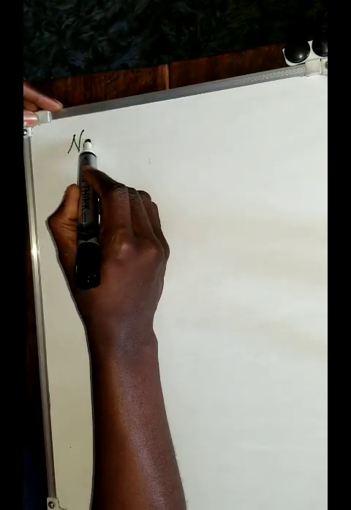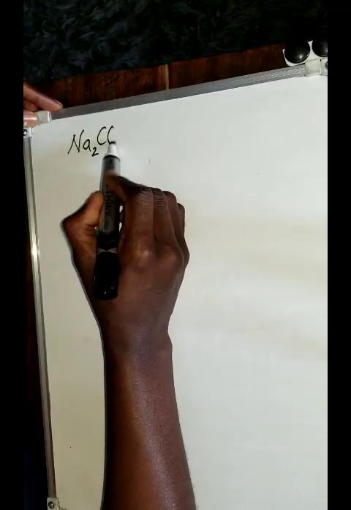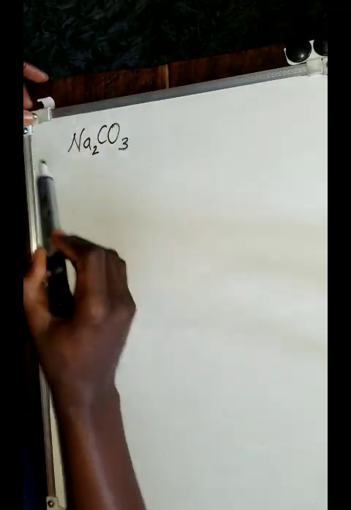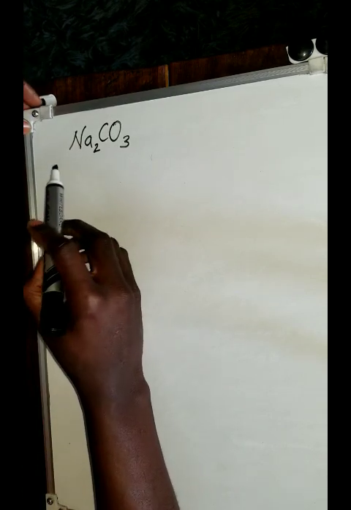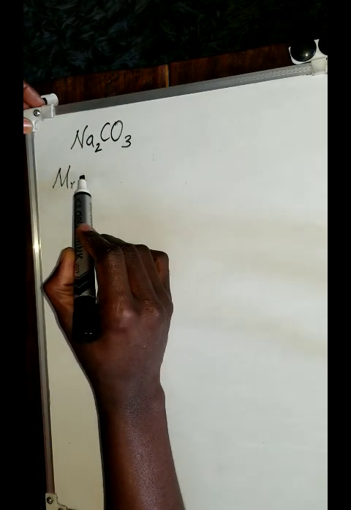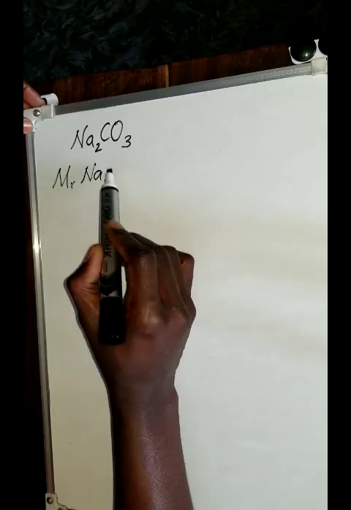Let me give you another one. We are calling this one sodium carbonate, Na2CO3. For sodium carbonate, I want us to find the percentage composition of each element in the compound. First, we need to find the Mr of this whole compound.